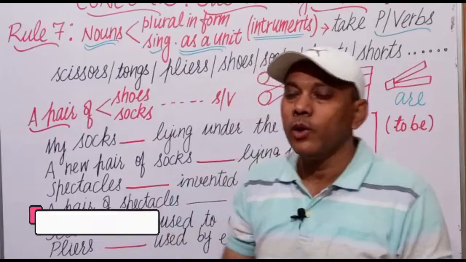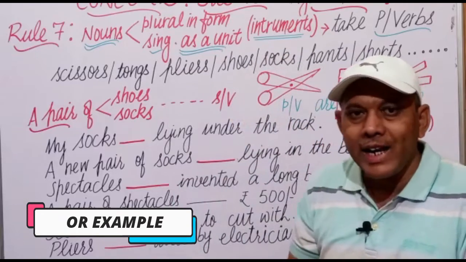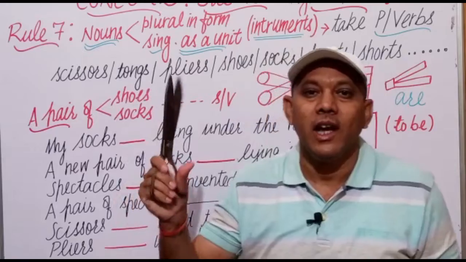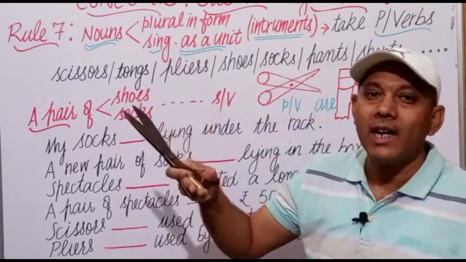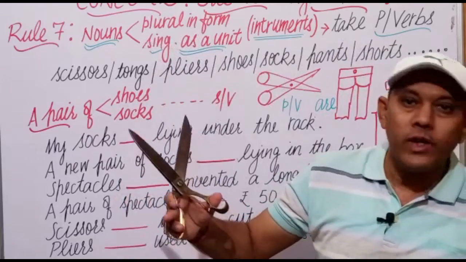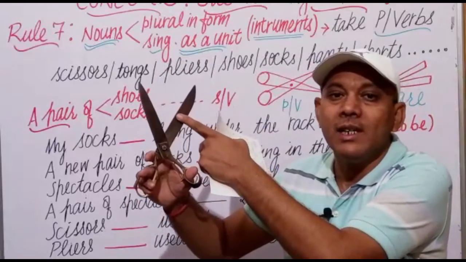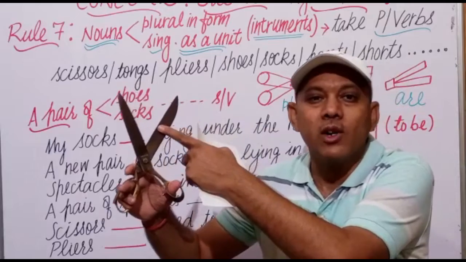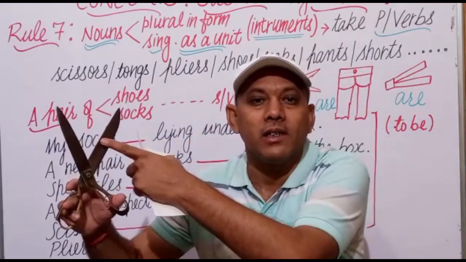For example, I have a scissors. As you know, this scissors has two blades and we can't use the single blade to cut a piece of cloth or a piece of paper.